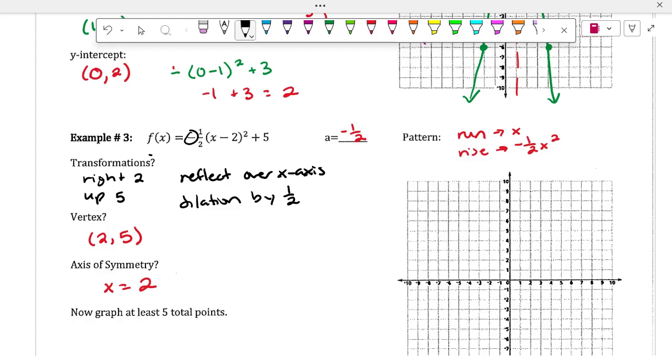So my suggestion when you do the pattern, when you do your run, use even numbers. So instead of going over 1, go over 2. Because you're going to end up multiplying by a half, which is the same as dividing by 2. Even still, odd numbers squared are odd numbers.